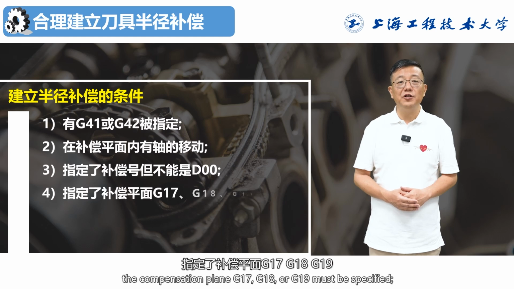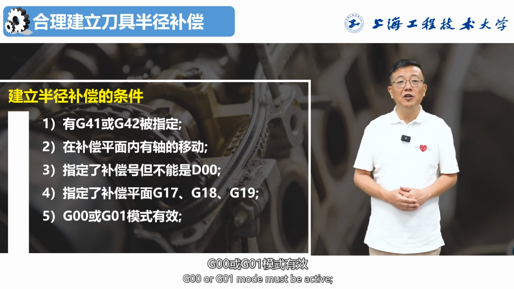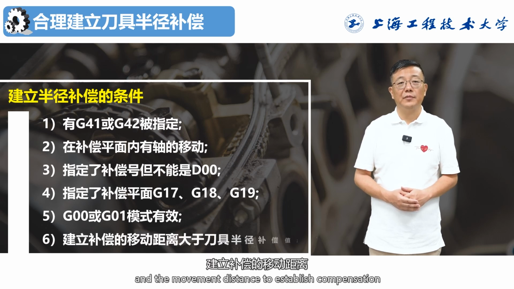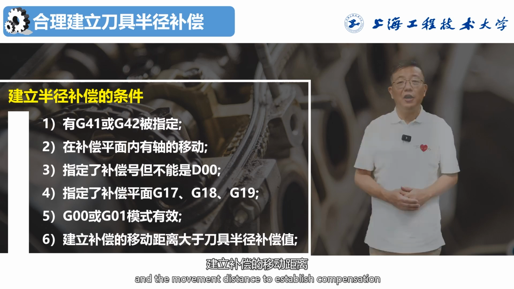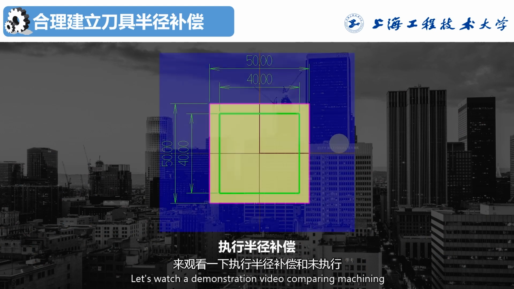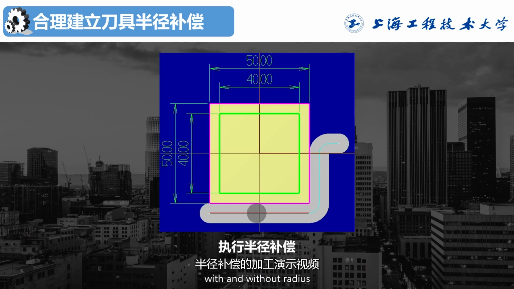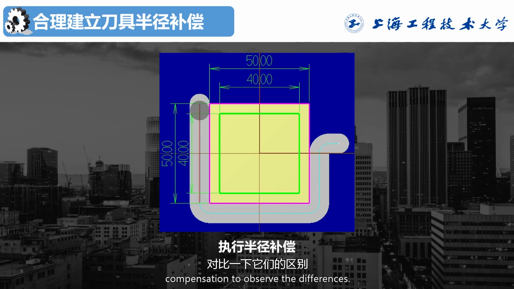The compensation plane G17, G18, or G19 must be specified. G00 or G01 mode must be active, and the movement distance to establish compensation must be greater than the tool radius compensation value. Let's watch a demonstration video comparing machining with and without radius compensation to observe the differences.